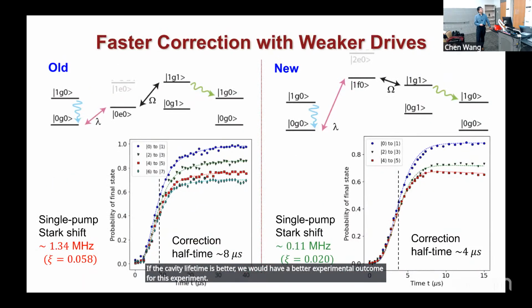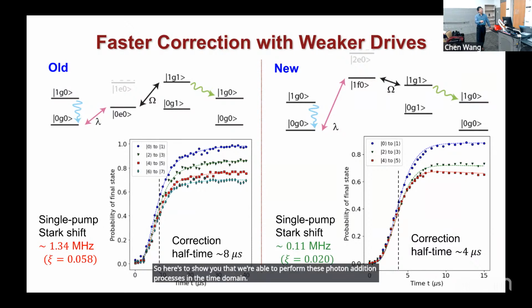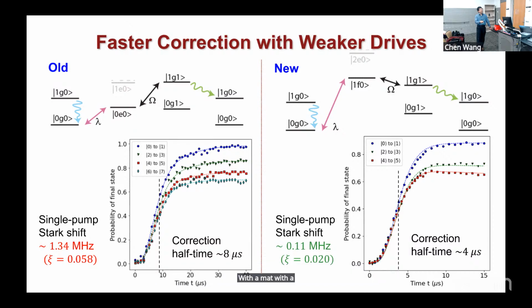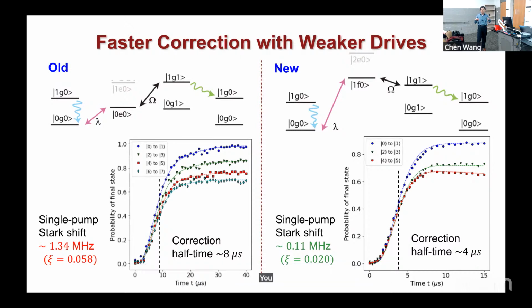So here I'm showing that we're able to perform these photon addition processes in the time domain with a faster process, about twice the speed of the correction, with much weaker drives on the system. People in superconducting circuits would know that if you put a strong off-resonant pump on the system, you tend to excite some unwanted transitions, and you tend to heat up the system.